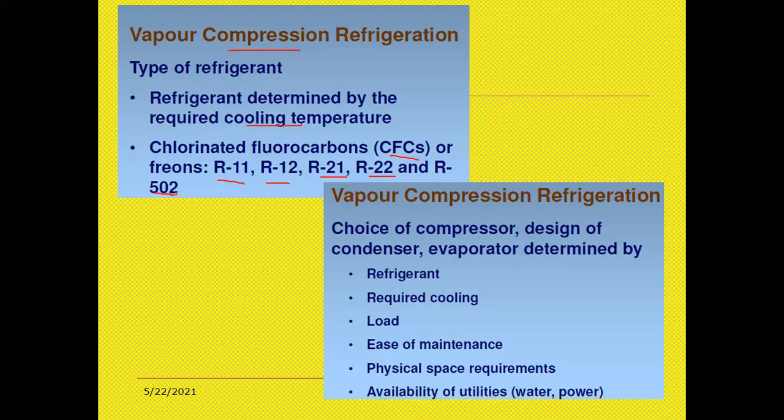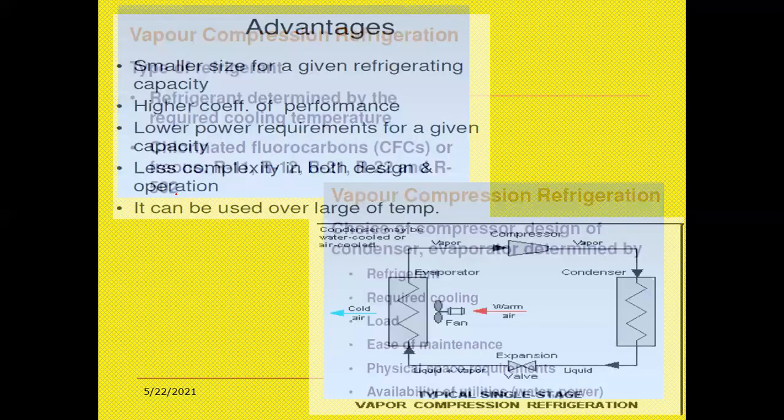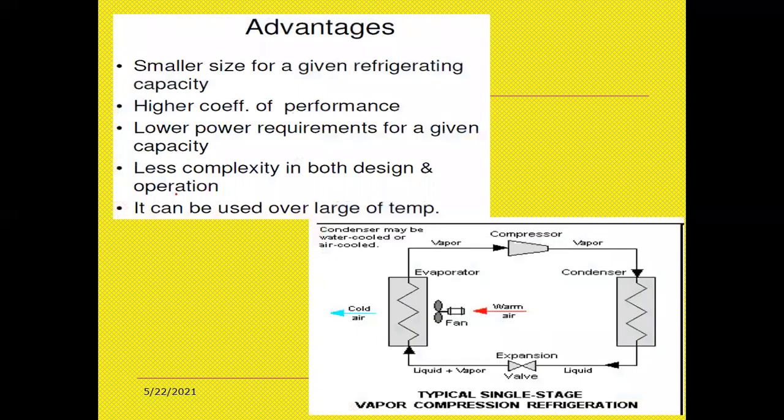So these are the main things required for the vapor compression refrigeration system. If you get a question, what type of refrigerants are used in domestic refrigerators? The refrigerants are R11, 12, 21, 22. That is freon, right?